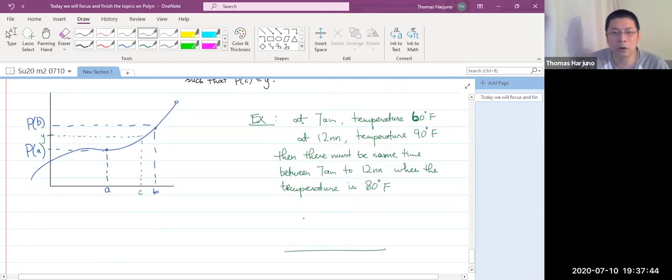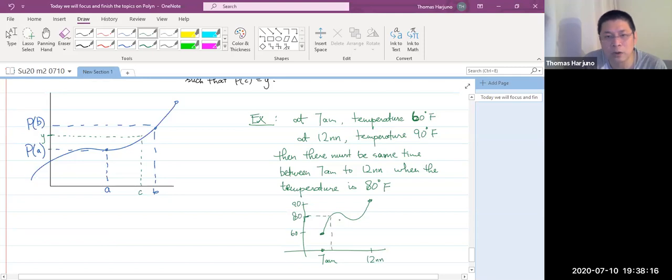Okay, at 7 o'clock in the morning, it's 60 degrees Fahrenheit. At 12 noon, it's 90 degrees Fahrenheit. So even if the temperature goes up and down, any number you choose in between, let's say I choose 80 degrees, okay? Then there must be some time between 7 o'clock and 12 o'clock where the temperature is 80 degrees Fahrenheit.